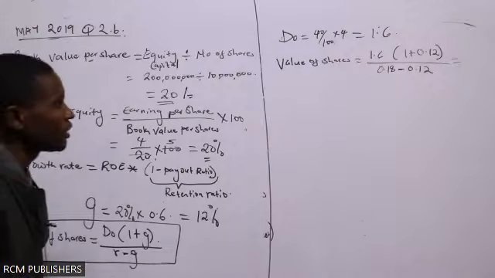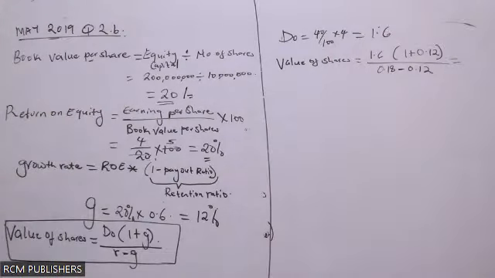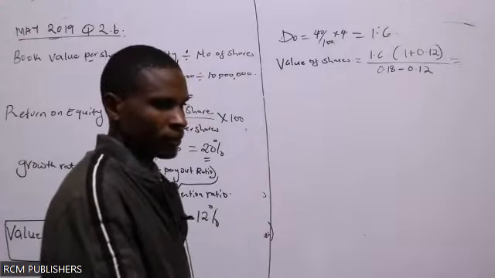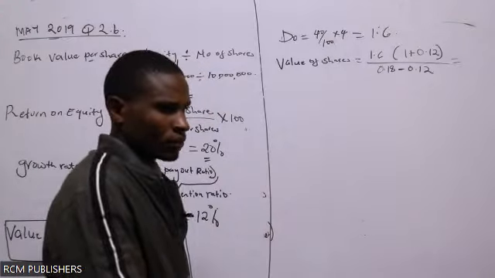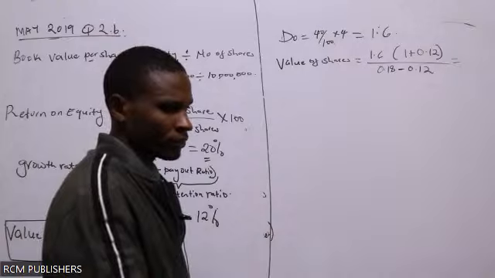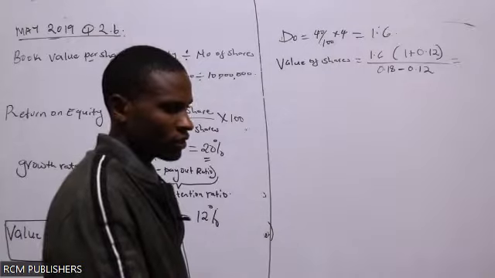So how much is the value of share? How much will the value of share be there? You can see our time is moving super fast, so divided by 29.87.